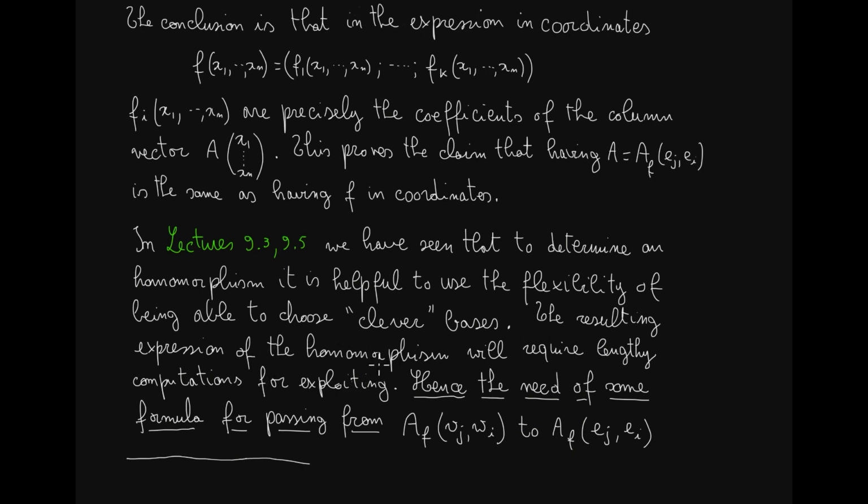In particular case, we have seen that we have to solve systems of linear equations to explicitly recover the homomorphism from the associated matrix. Hence the need of some formula for passing from the associated matrix with respect of a clever choice of basis of the domain and the codomain to the associated matrix with respect of the canonical basis of domain and codomain. And this is exactly what we are going to state right now.